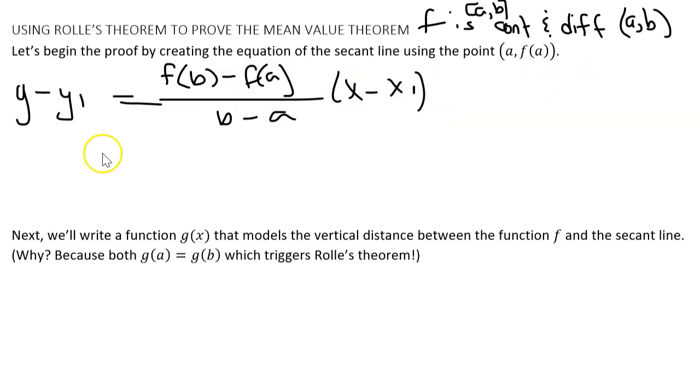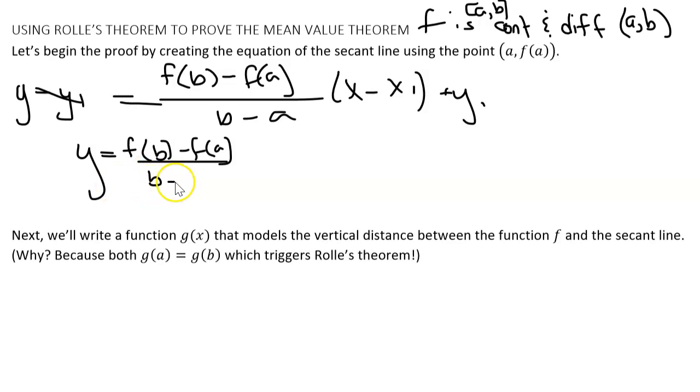So we're going to fill this in with everything we need, and I'm actually going to add the y1 to the other side here. So we've got y equals our slope, and then since I've asked you to use the point (a, f(a)), instead of putting x minus x1, we're going to put x minus a.